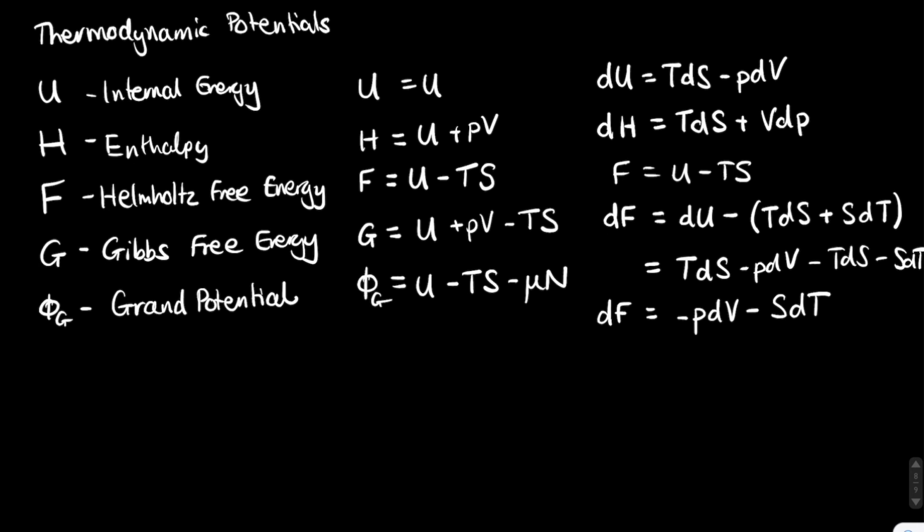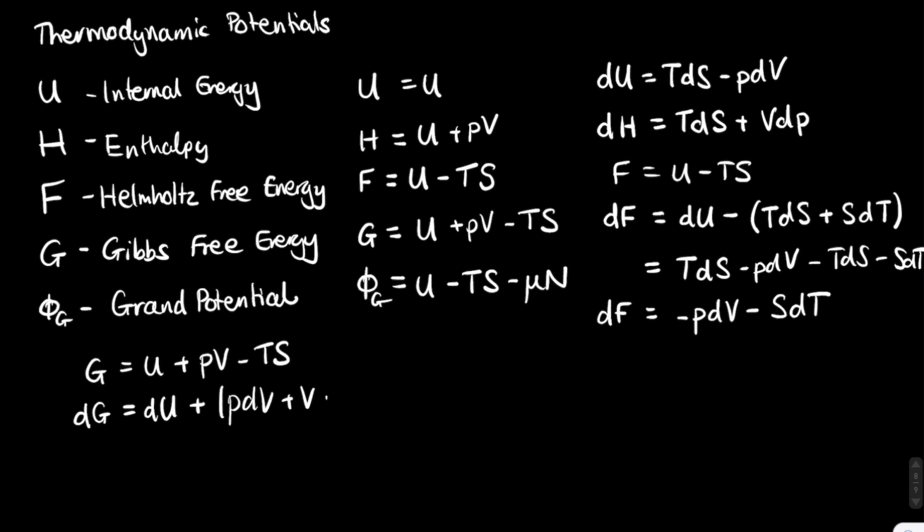And lastly, for completeness, let's do the Gibbs free energy. So G equals U plus PV minus TS. So let's take the differential. dG equals dU plus product rule part 1, P dV plus V dP, minus the next product rule, T dS plus S dT.